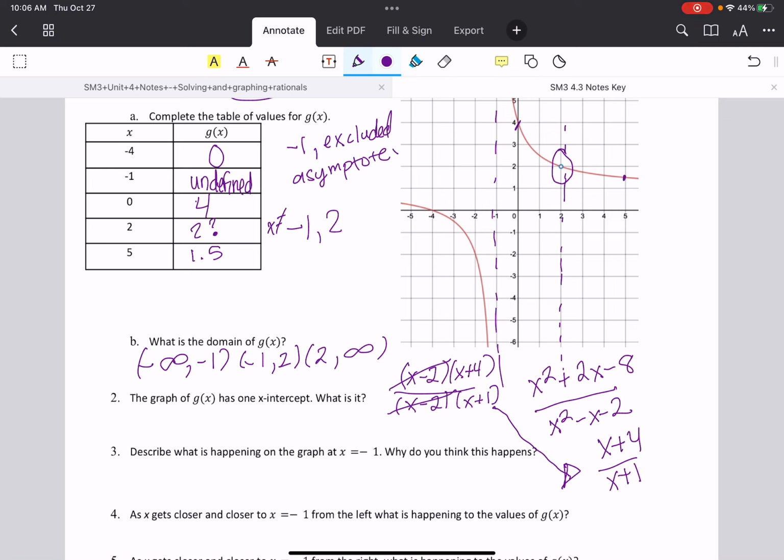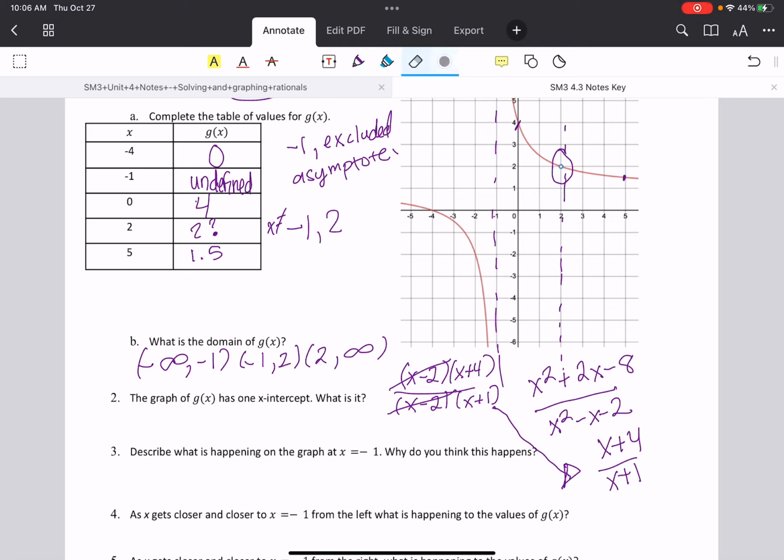Because 2 is kind of like an asymptote, but not quite. It's called a discontinuity. Because of that excluded value, after the 2 you have to change the domain. X cannot equal 2.